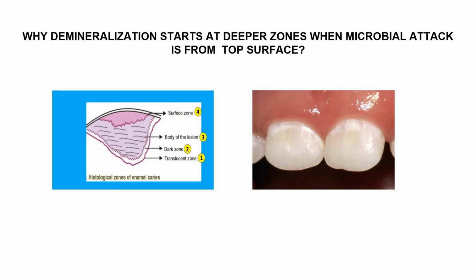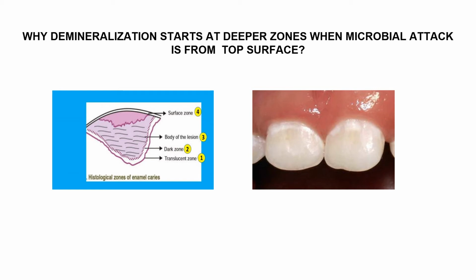Second question. When we talk about incipient lesion, which is the initial phase of dental caries, clinically it is seen as a white spot lesion on the surface, and when we take a section of this lesion and observe under a polarized microscope, we see various zones of demineralization.